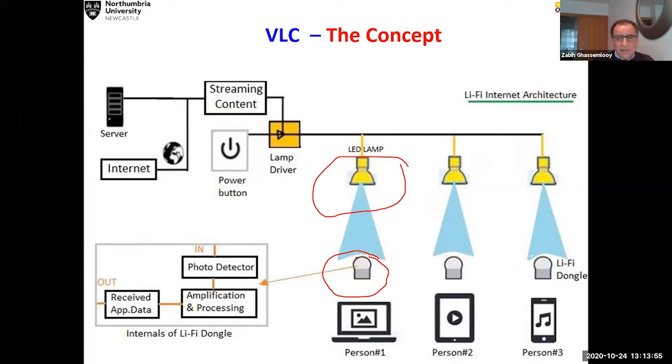It's almost the same as RF communication, except your antennas are optical antennas. And of course, once you shift from RF to optical, there are fundamental differences that you have to consider. We know that in the electrical domain, the power is proportional to current squared. In optics, power is proportional to current. In an electrical system, the signal can be bipolar, and an optical signal can only be unipolar.